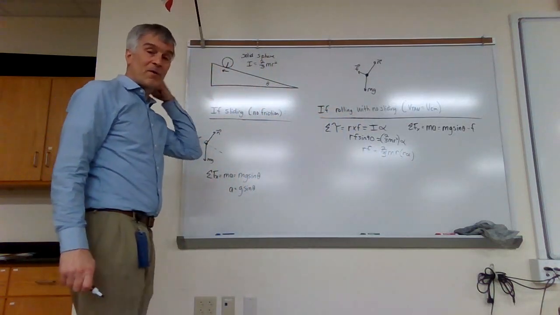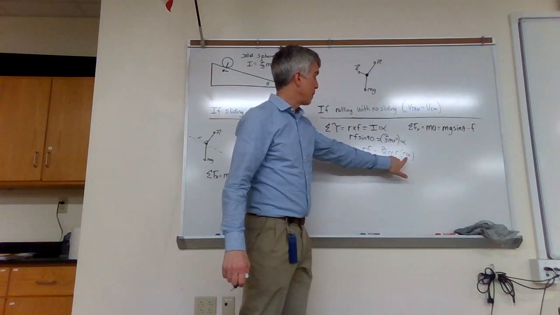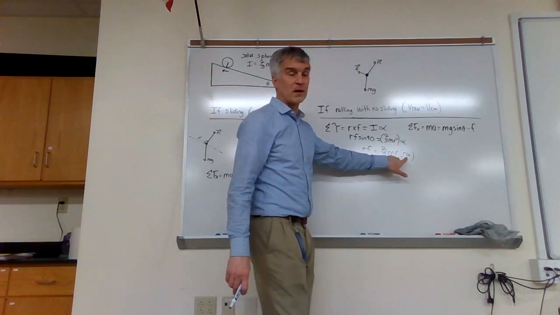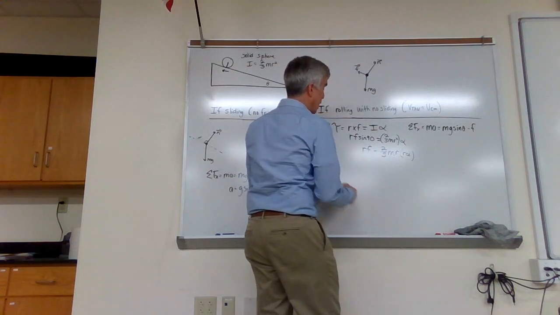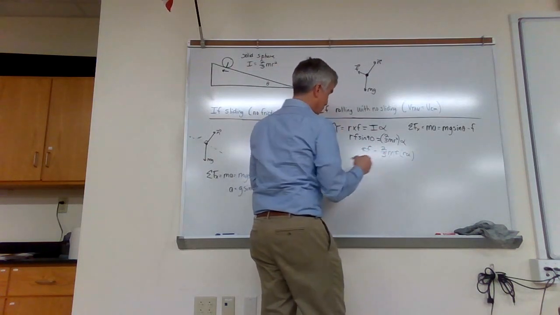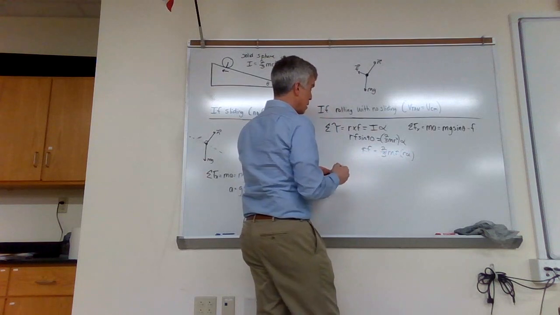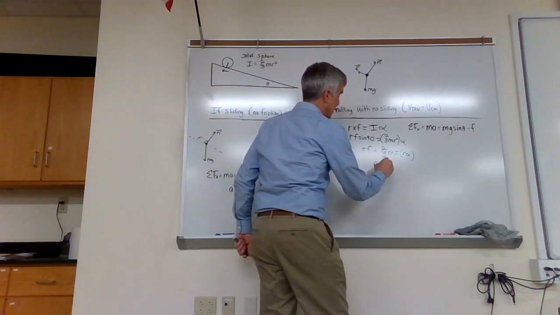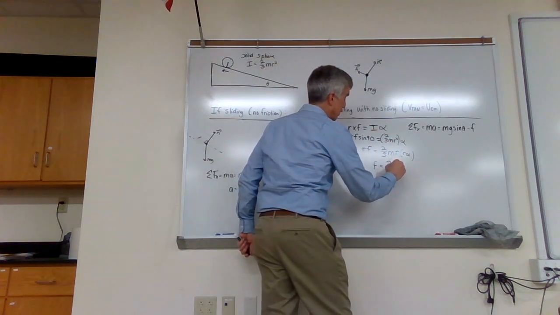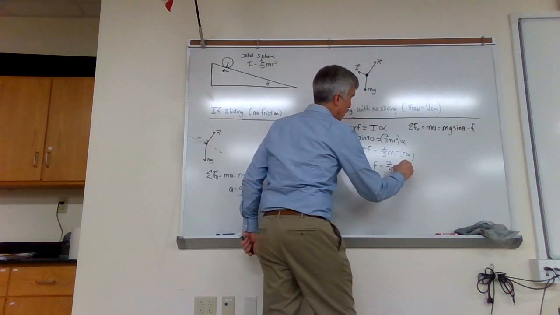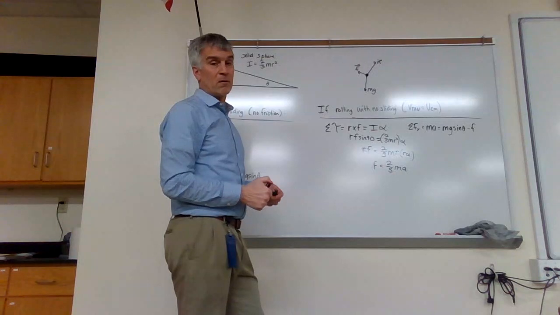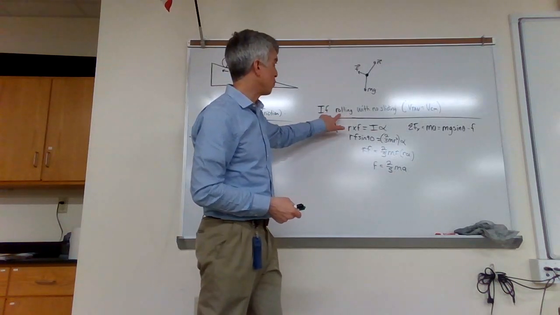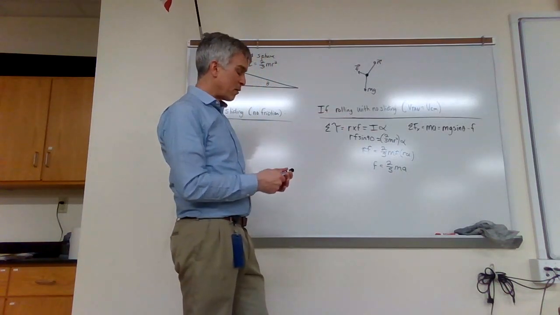All right, I want to group it that way together because R alpha equals acceleration. Now, once I do this, I can simplify this. I have an R on each side, and the size of the friction force is going to be 2/5 ma. All right, that's the right amount of friction to make this roll without slipping. Okay, now we're going to hold on to this.